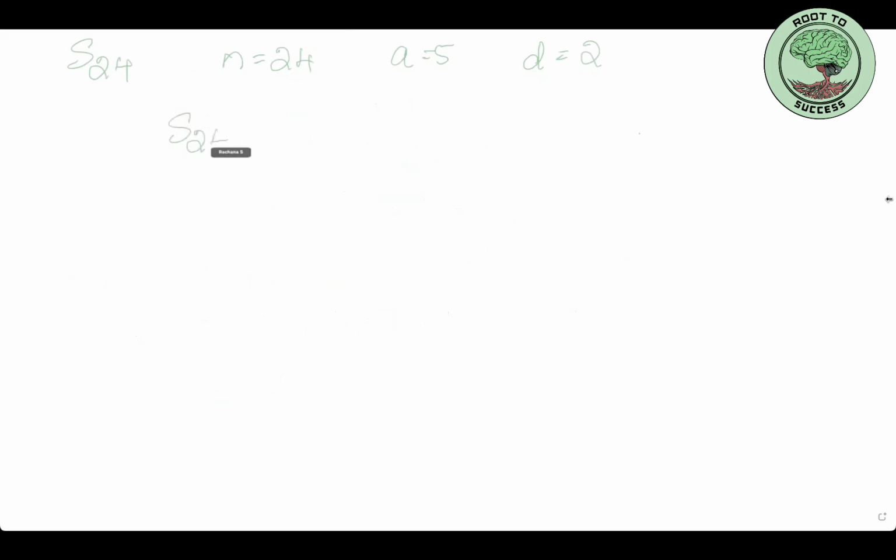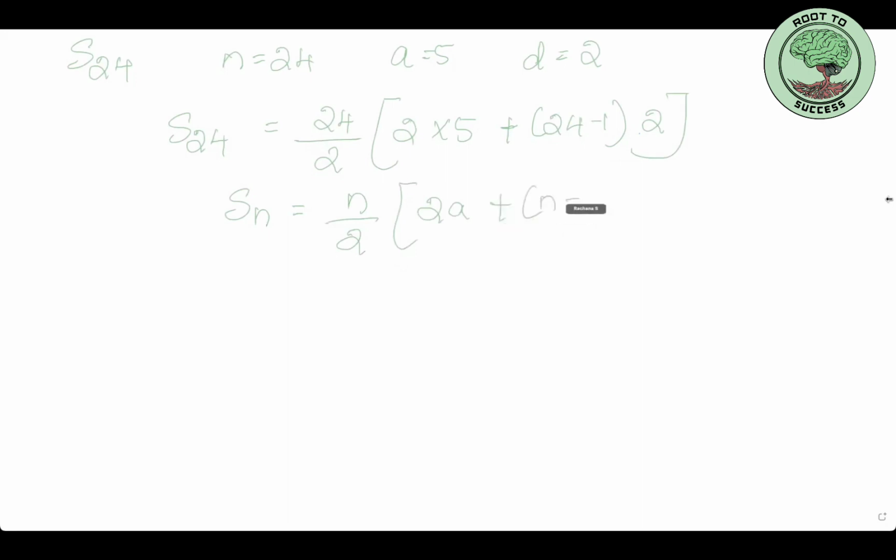So S24 will be 24 by 2, 2 into 5 plus 24 minus 1 into 2. We have substituted in the formula, that is Sn is equal to n by 2, 2a plus n minus 1 into d.